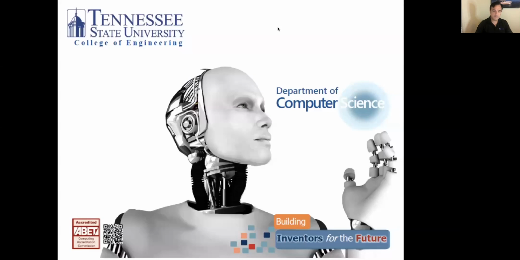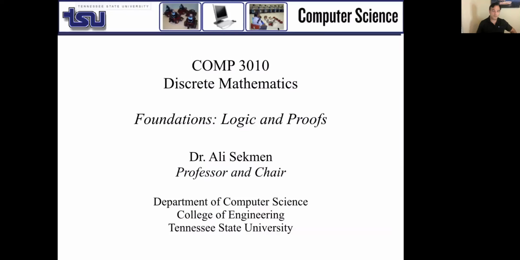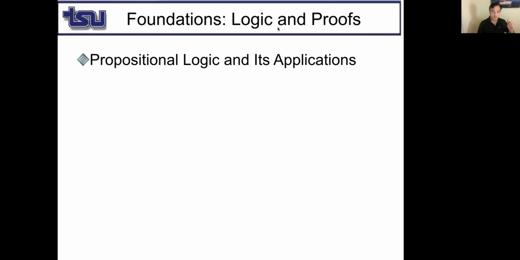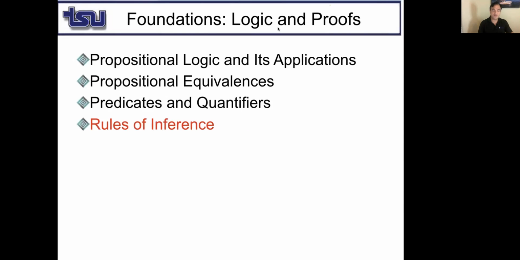Let's get started. This is Comp 3010 Discrete Mathematics, and in a series of 5 lectures, this is lecture 4. We are going to keep talking about logic and proofs, and specifically we are going to focus on rules of inference. So far we talked about propositional logic, and we also introduced its applications.